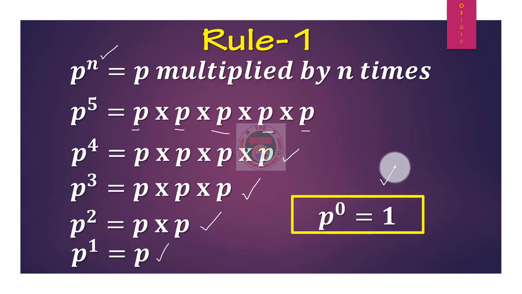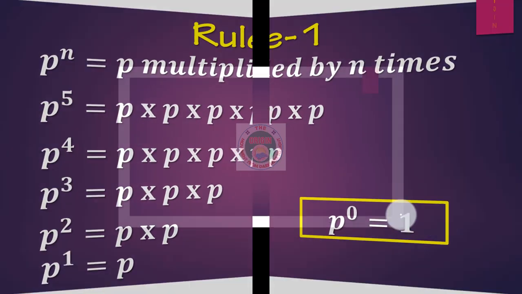P multiplied by 0 times, then the answer is equal to 1. This is the first rule. Remember that anything power 0 is equal to 1. In place of p, if you have x, y, z, whatever it may be, if the power is 0, the result must be equal to 1. Remember the first rule.